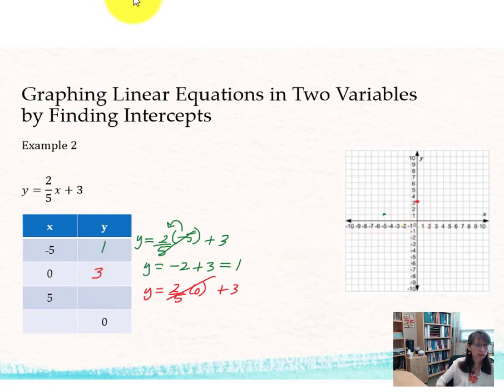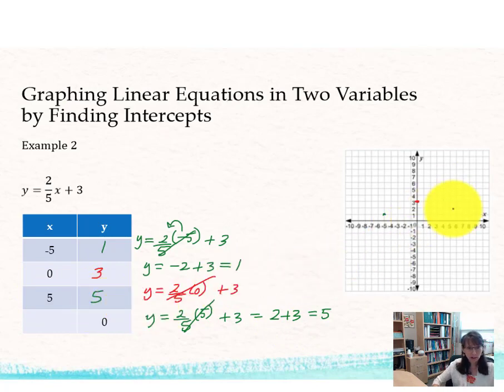Our next substitution, we're using +5. So y will equal 2/5 times +5, add 3. So the 5's reduce. We're left with 2 plus 3, which is 5. (5, 5) is our next ordered pair. So those 3 dots look pretty good for lining up.